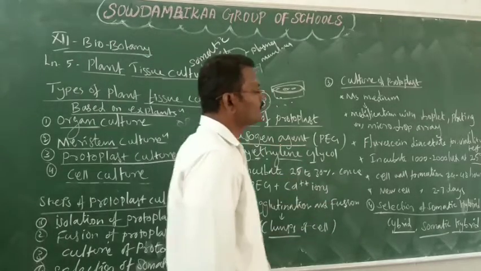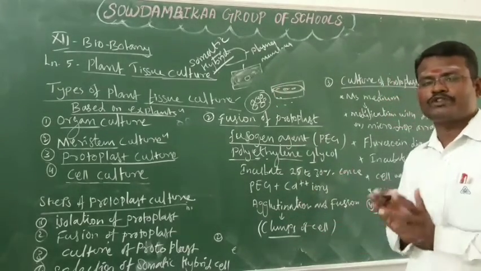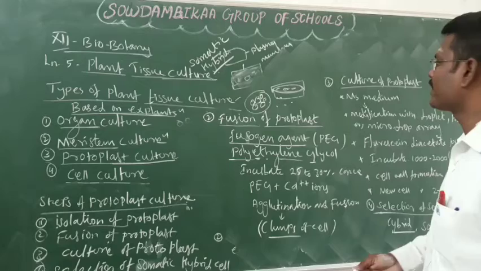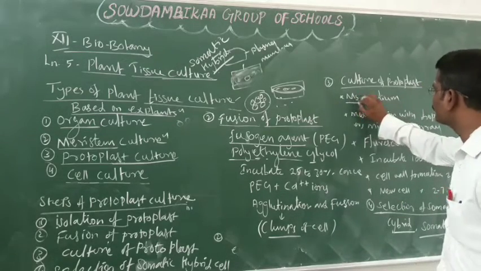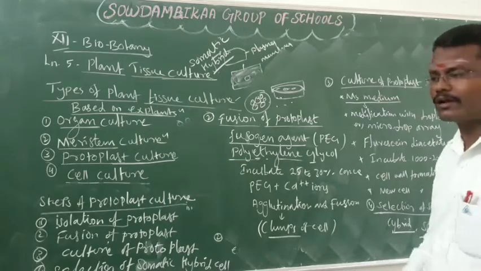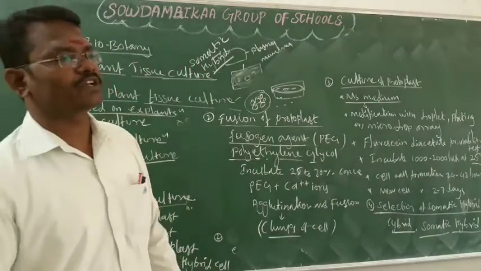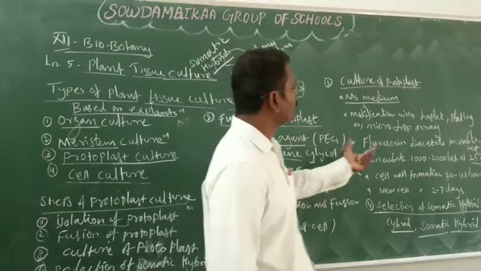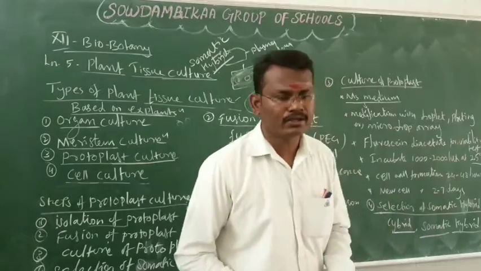Next, after the third step, after this fusion of the protoplast, we can use the culture of this protoplast. In the third step, we use MS medium for the culture of the protoplast, with some modification. MS medium with droplet plating, or micro drop array, is very important.